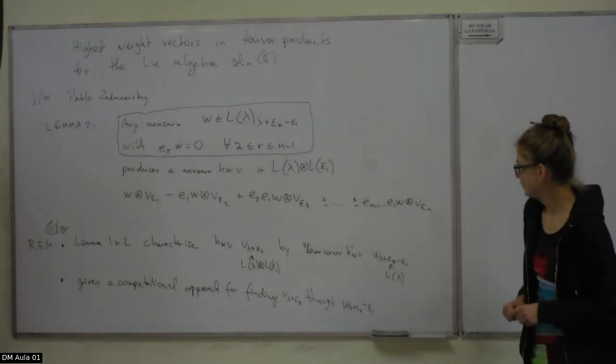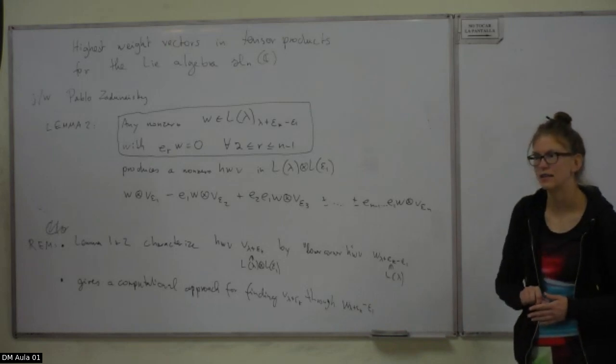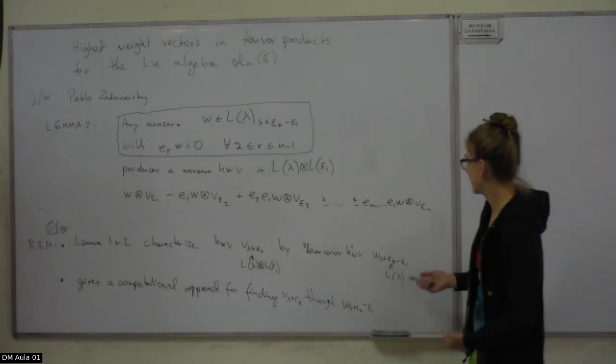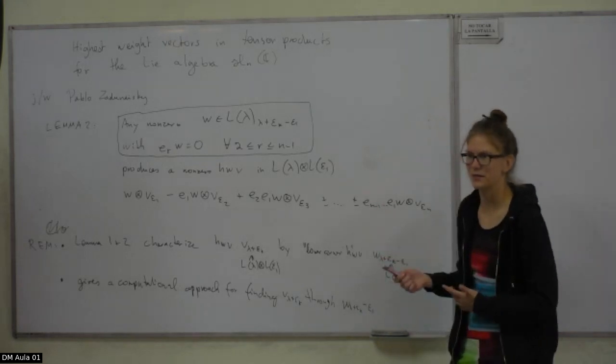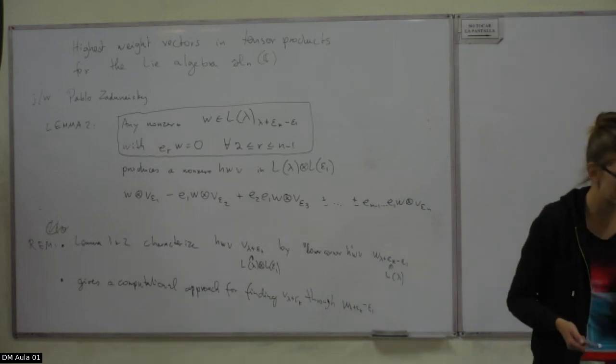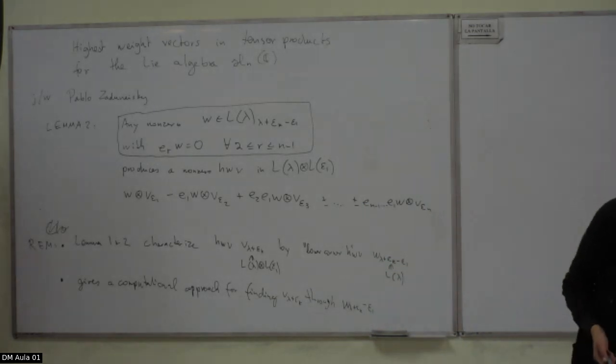Yes, but you need to ask this extra. I can't just forget about the action of h_1. Okay, yeah, indeed. And this still needs to be in the correct weight space.